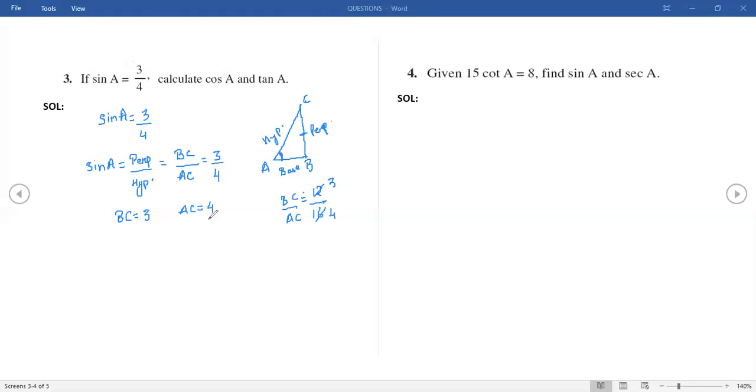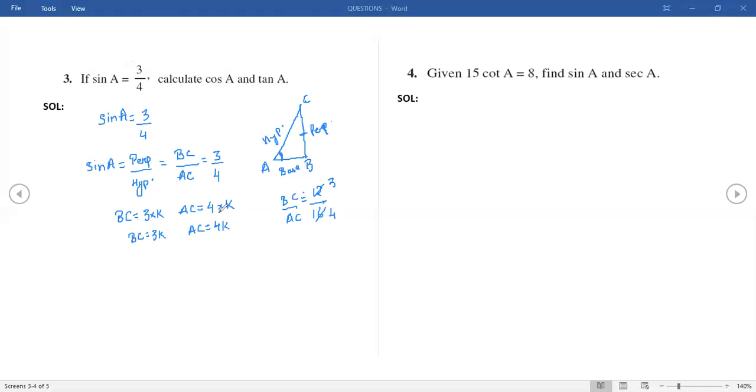So generally what we try to do is take a constant multiple so that the ratio can be simplified. Let's say there is a constant factor k. So BC is 3k and AC is 4k, so that the constant factor is covered.